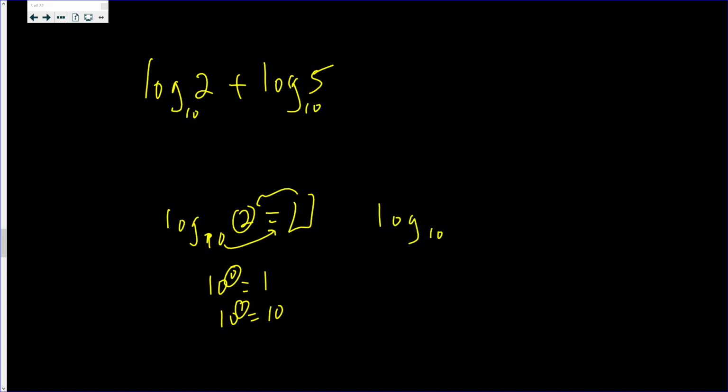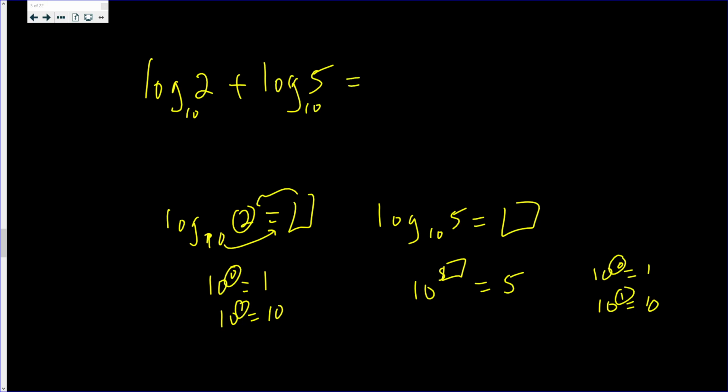And when it comes to log base 10 of 5, I don't know what to raise 10 to get 5. And it is not a half. 10 to the half is the square root of 10. Now once again, 10 to the 0 is 1, 10 to the 1 is 10, 5's in the middle. So the power is going to be in the middle. But you know what?